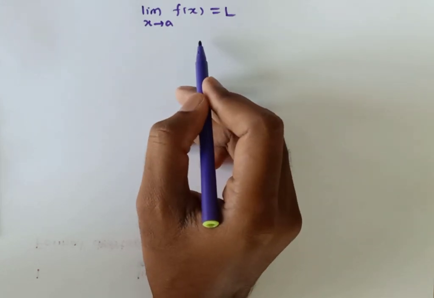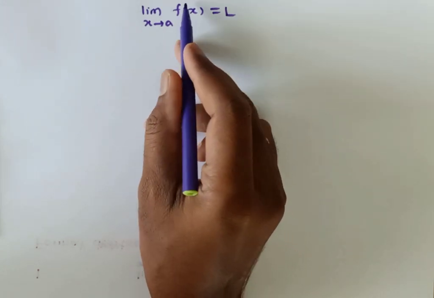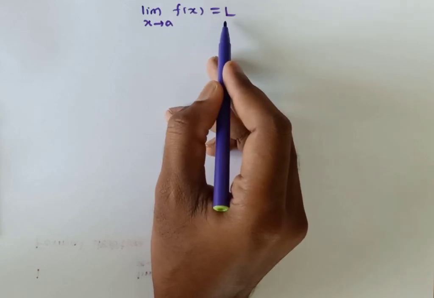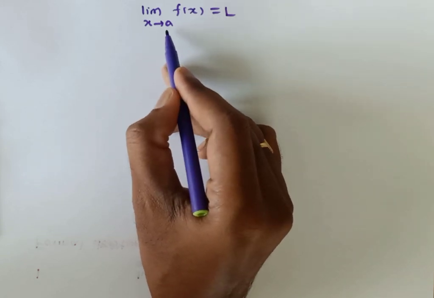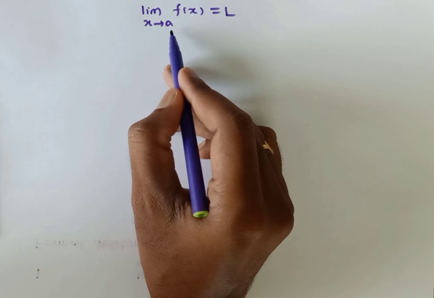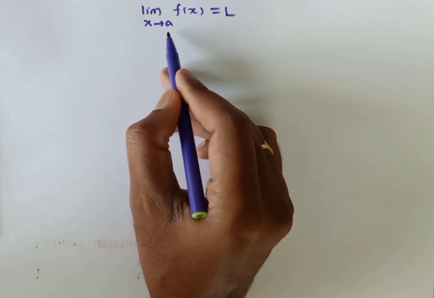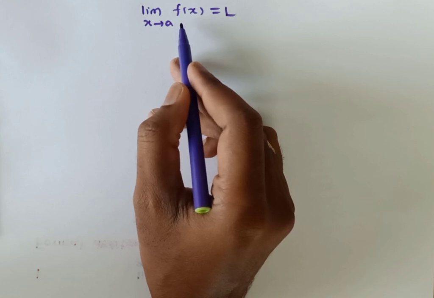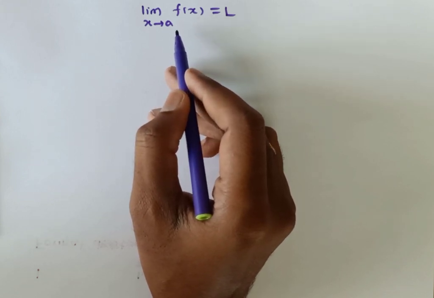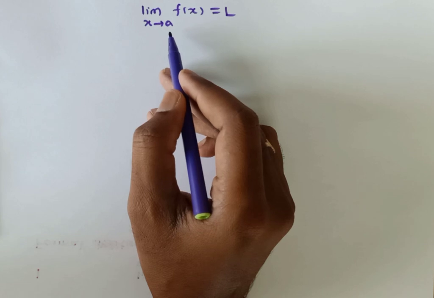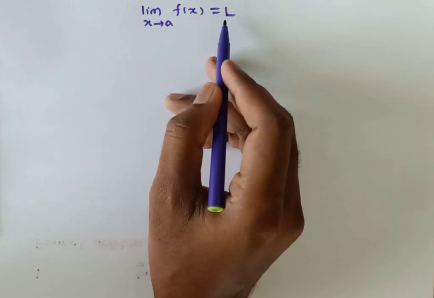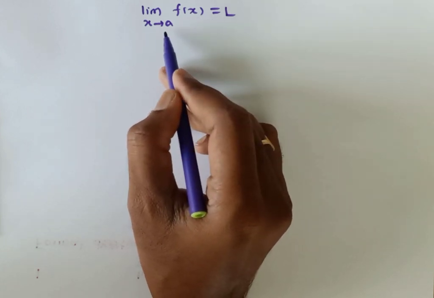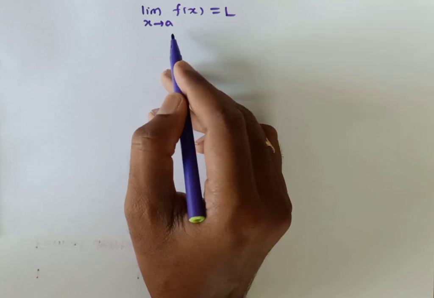So what does it mean? f of x is closer to L whenever x is sufficiently close to a. Even if f of x is not defined at x equals a, no problem. If f of x is in the neighborhood of L, then x is in the neighborhood of a.